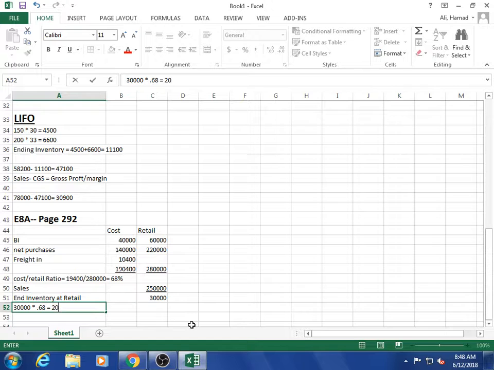20,400. That is our ending inventory at cost. And that's estimated, all right? Let's make sure that is our estimated ending inventory at cost.